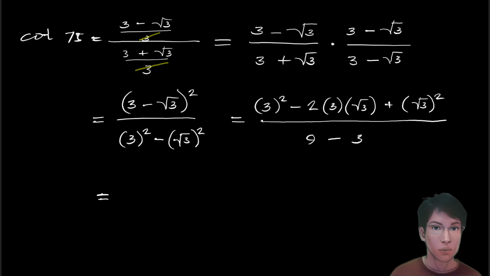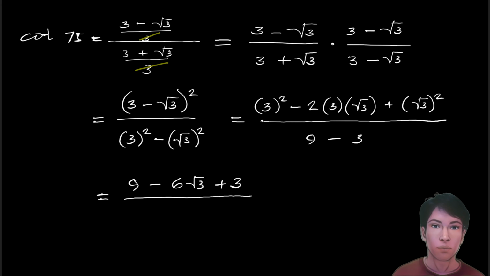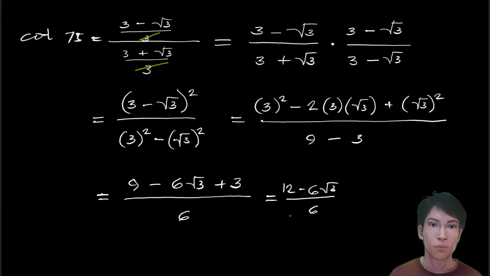And evaluating this one further, this gives us how much? So this one is 9 minus 6 square root of 3, and then plus 3, over 6. And this is 12 minus 6 square root of 3 over 6.